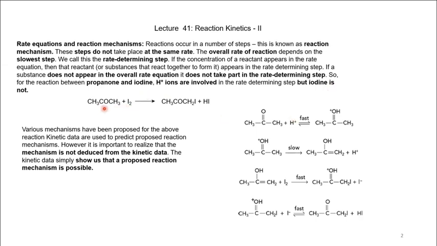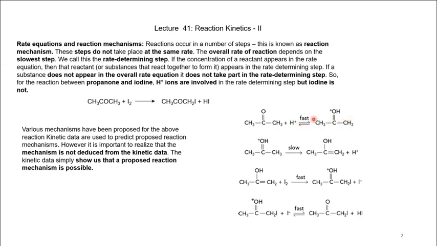In the example we are taking propanone, and it's reacting with iodine, and then we get this compound and hydrogen iodide. How could these reaction steps happen? Here this is propanone, and then we react it with acidic media, and that reaction is rather fast.